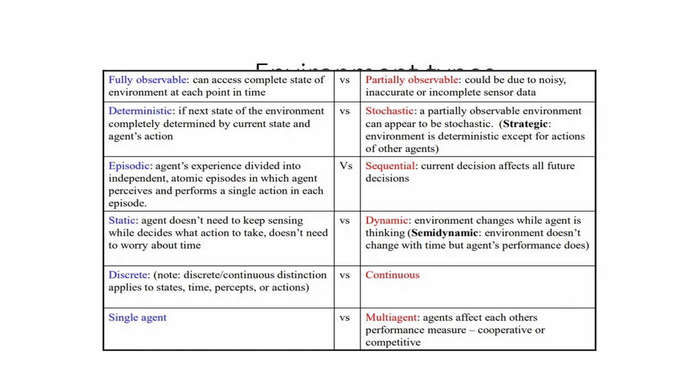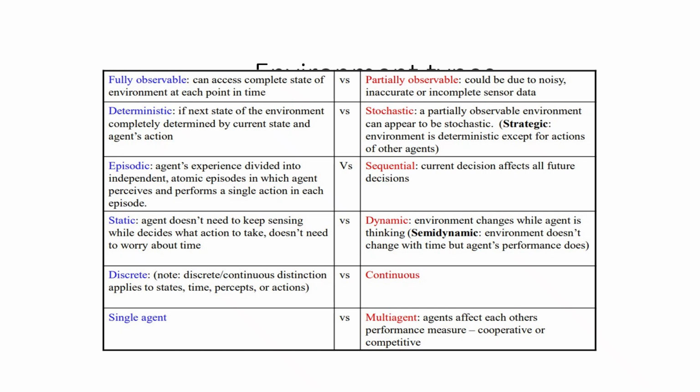Fully observable means the agent can access the complete state of the environment at every point in time. Partially observable could be due to noisy, inaccurate, or incomplete sensor data.